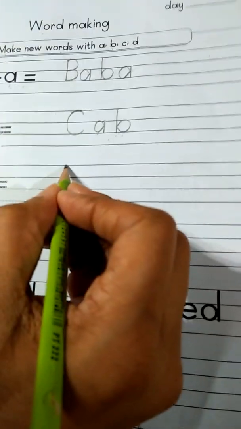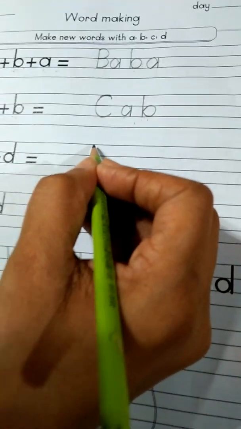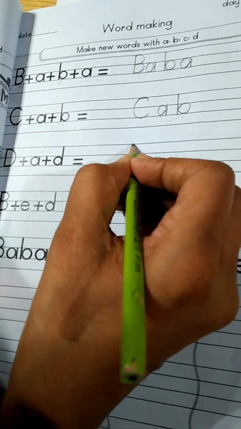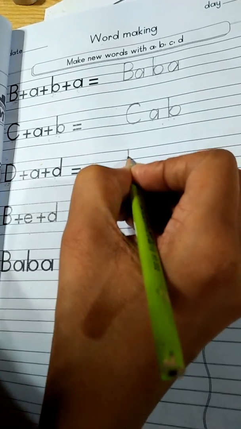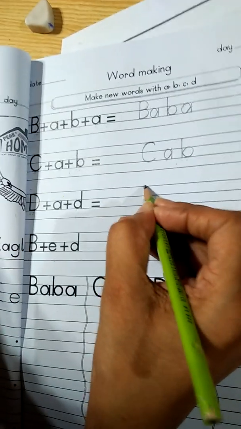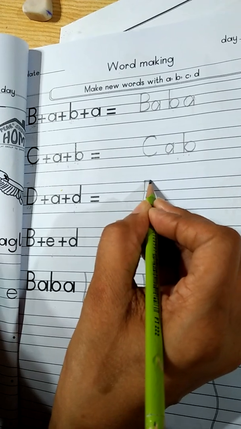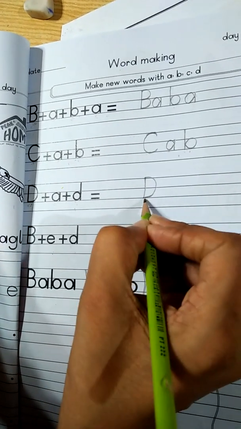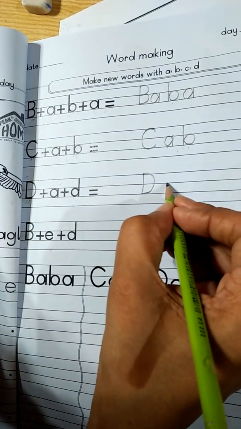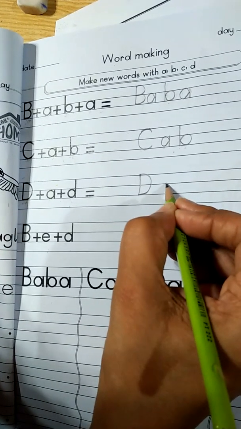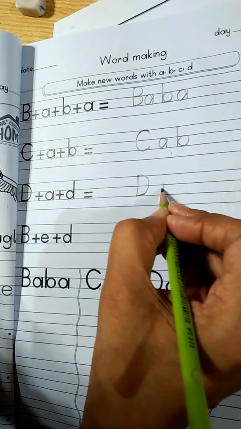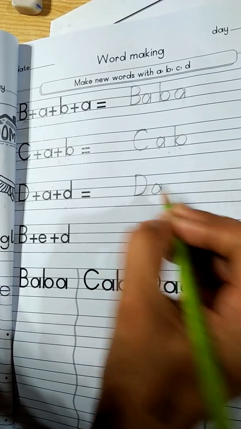Now we write here, put the pencil from capital D, we use upper three lines. Put the pencil from first line and go down straight. And put the pencil here and make semicircle and join with it. This is capital D. Now put the pencil here, small d, we use middle two lines, go straight and make circle with it.